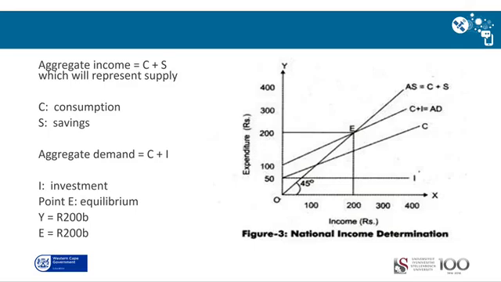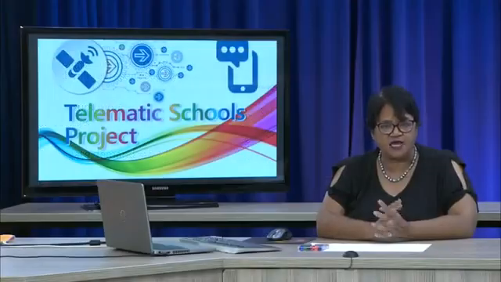The other thing I want you to notice is that your expenditure never starts at zero. The reason we have that situation is as a result of a concept known as autonomous consumption.